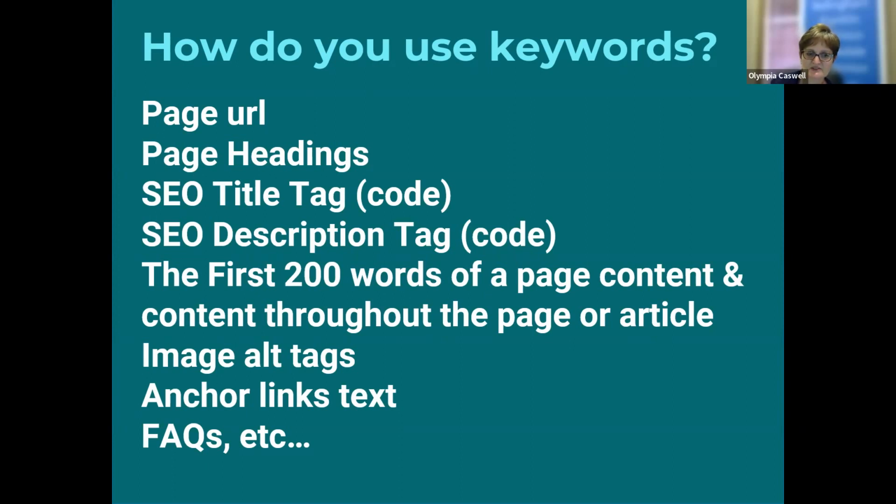And it is recommended that they're used in the first 200 words of a page and also throughout the content of a page or article. Also in image tags and links, anchor links, and also FAQs and so many other places as well.